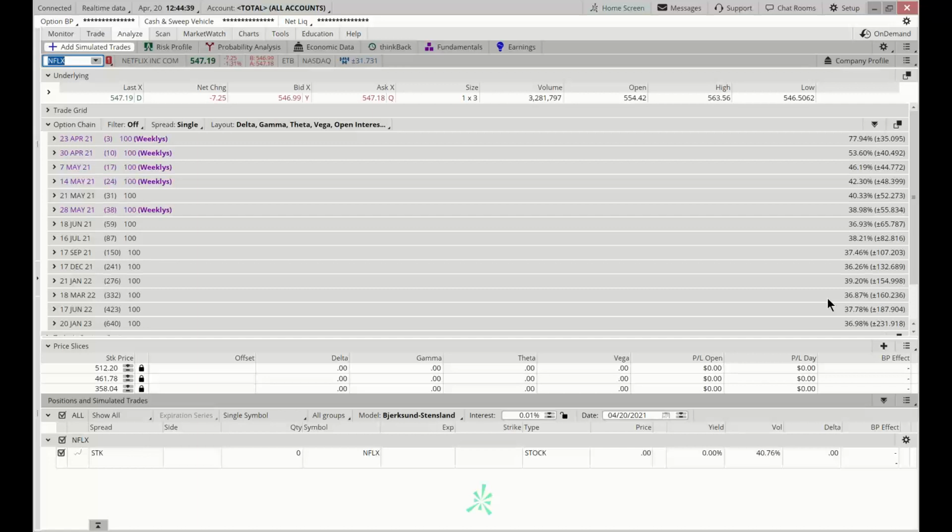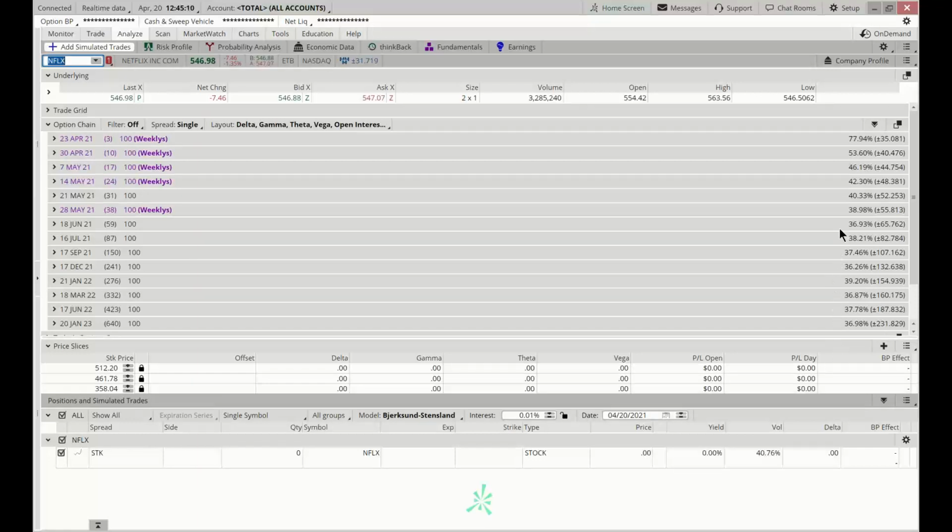Now, is it always going to crush? No, we just saw one example where it didn't crush that drastically, but 9 times out of 10, okay, if not 95 times out of 100, IV is going to crush, and it's going to crush to a point that's lower than these leaps.